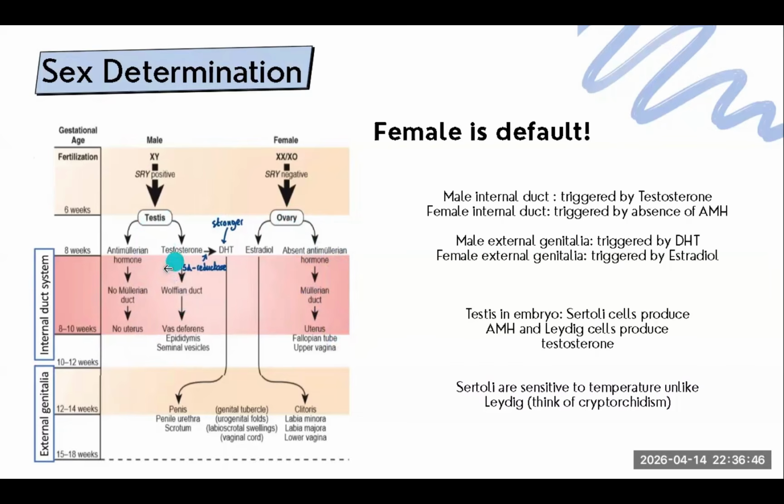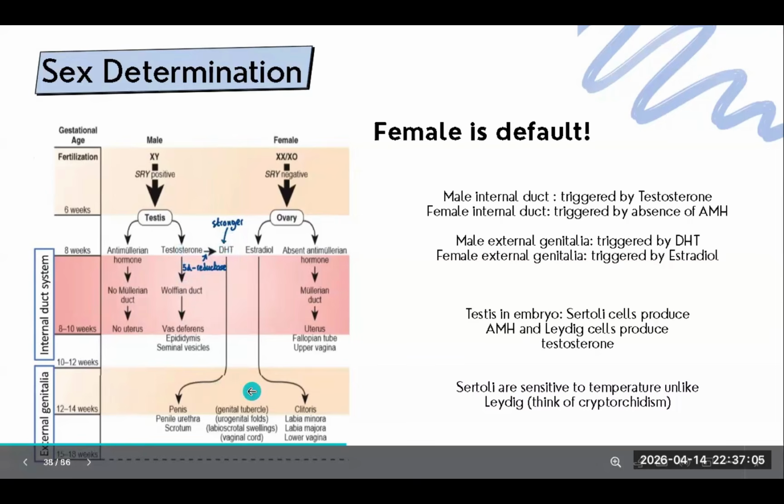Now, the testosterone, which is secreted by the testis, would then be changed into DHT, which is a stronger version of testosterone, by an enzyme known as 5-alpha reductase. Remember this enzyme very well. Now, this DHT would act on the genital tubercle, the urogenital folds, the labioscrotal swellings, and the vaginal cord to give us the external genitalia, specifically the male external genitalia, which is the penis, the penile urethra, and the scrotum.